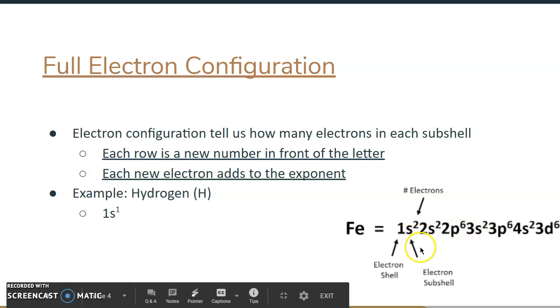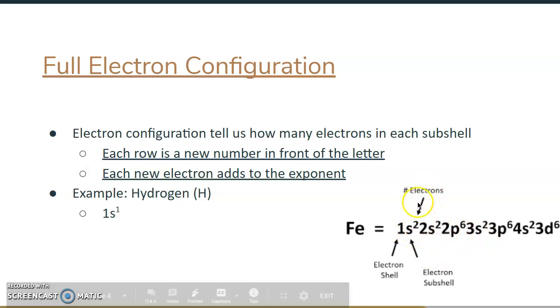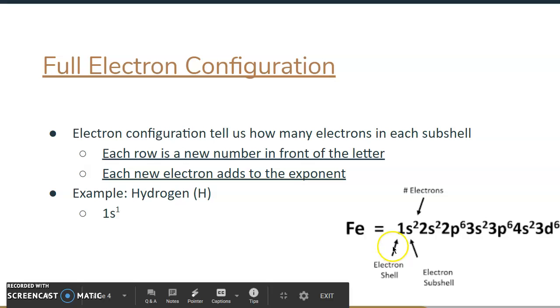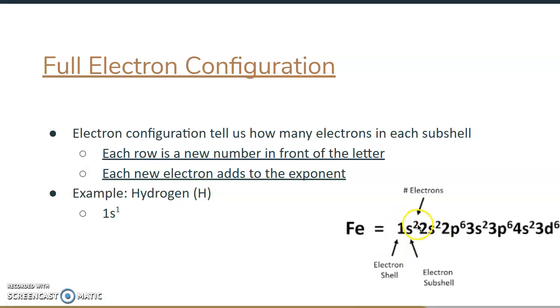So the letter tells us the subshell, the exponent tells us the number of electrons in each subshell, and the number is the electron shell. If we were to add every single one of the exponents, we would have a number that is equal to our atomic number. These are just some things to help understand or draw some information back to what we've already learned.